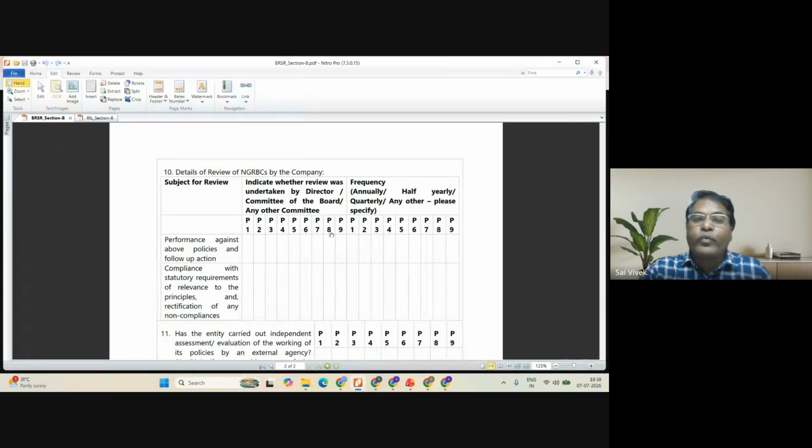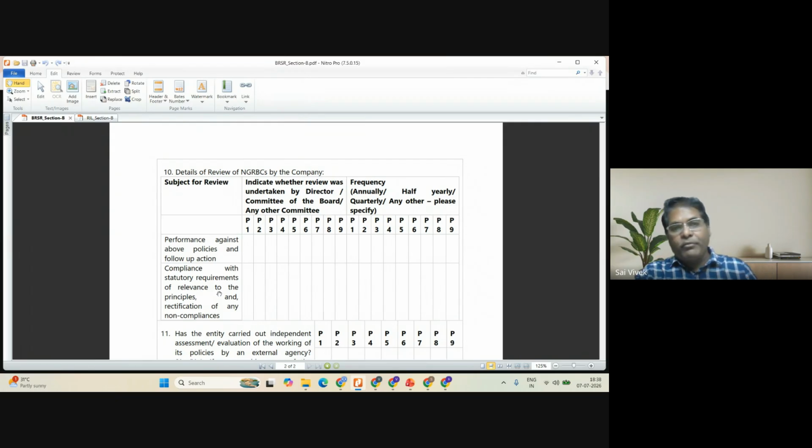And how frequently do you measure them? Is it done annually, half-yearly, quarterly, monthly, or weekly? Which principle has been reviewed and what is the outcome of it? That is to be filled here in 10A, as we can call it.